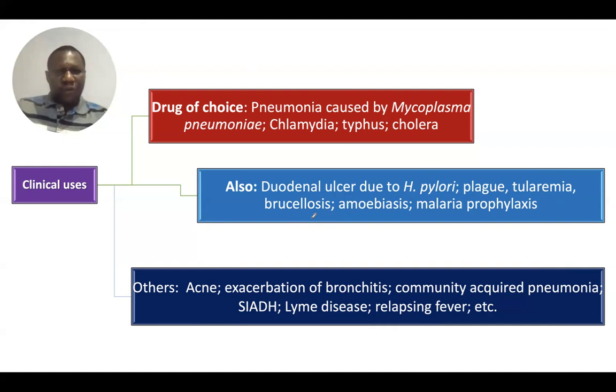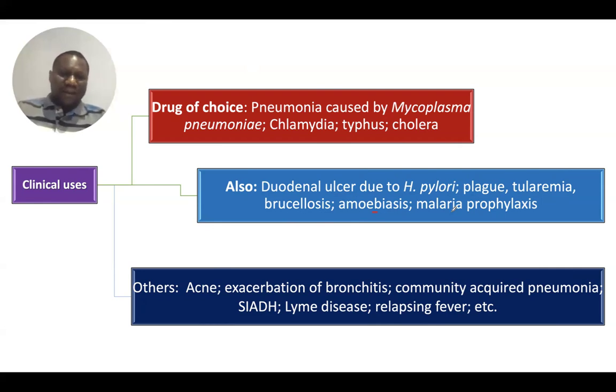Then they could also serve as alternative medications in managing amoebiasis and in malaria prophylaxis. So assuming someone who is living in a non-malaria endemic region is coming to a place where there is malaria, usually that person could be given tetracyclines to reduce the possibility of being susceptible to malaria.